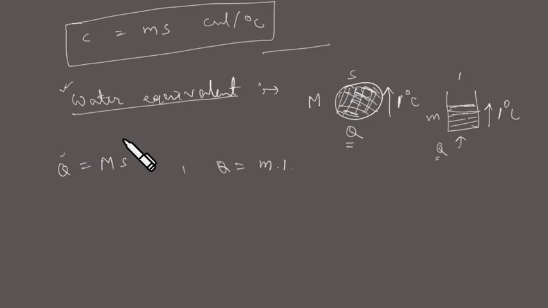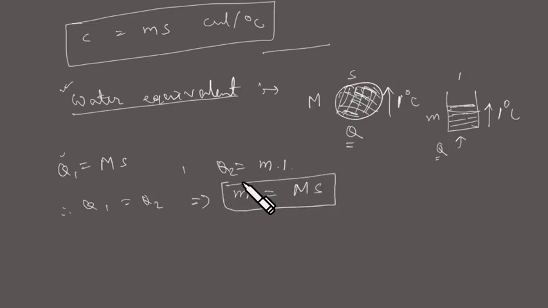Now, both amounts of heat are the same, so let's say this is Q1 and this is Q2, then Q1 must equal Q2, which gives small m equals capital M into S, in gram in CGS and kg in SI.